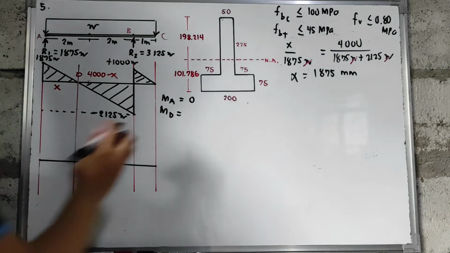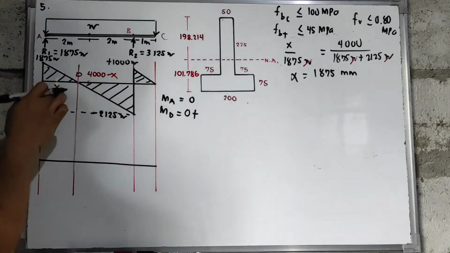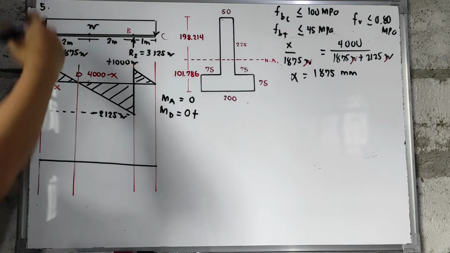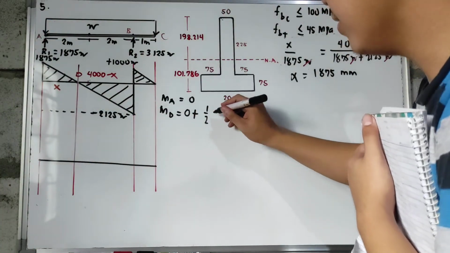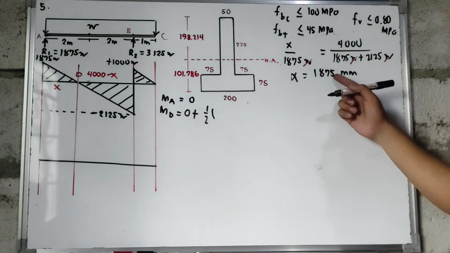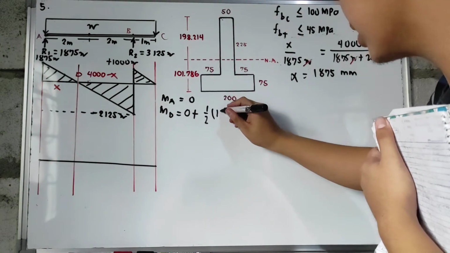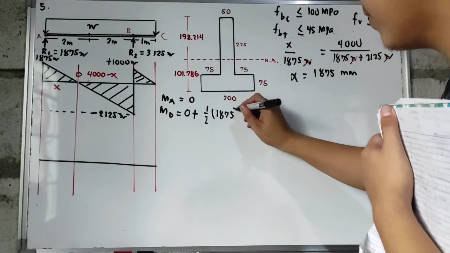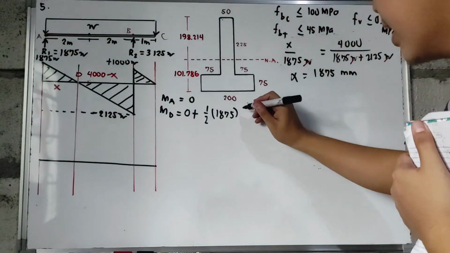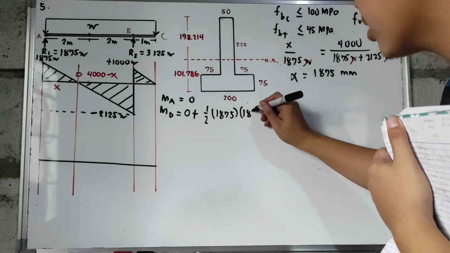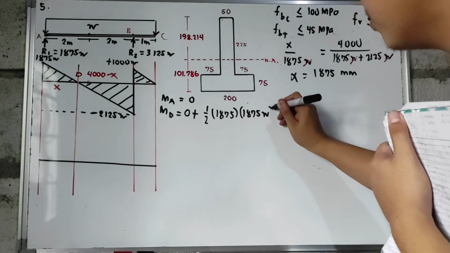So, that will become 0 plus this shear area. So, we have 1/2, its base is our x, which is equal to 1,875, multiplied by the height of our triangle, which is equal to 1,875W.